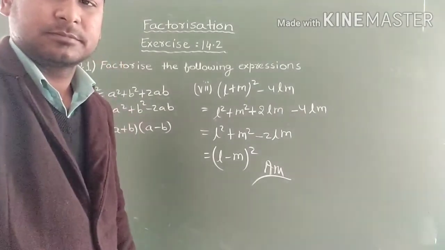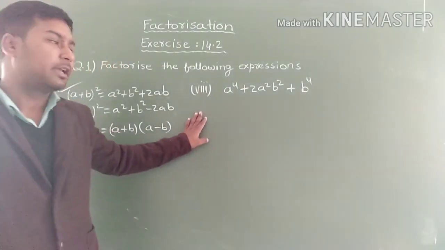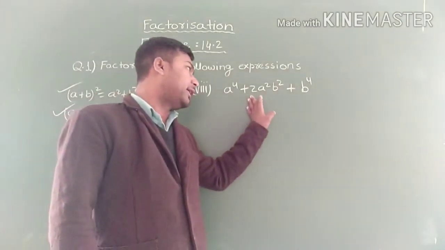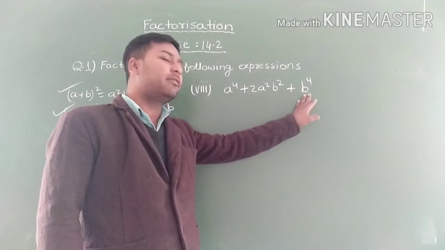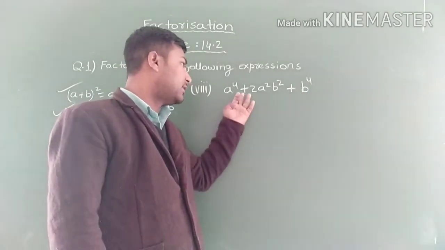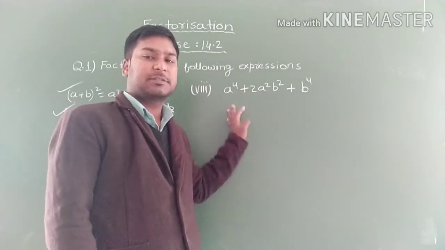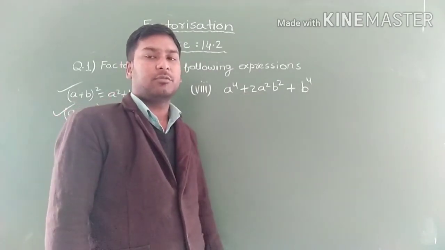Now question number 8. a to the power 4 plus 2a square b square plus b to the power 4. So there are plus signs between them. So we can convert this expression into the formula that is a plus b whole square.